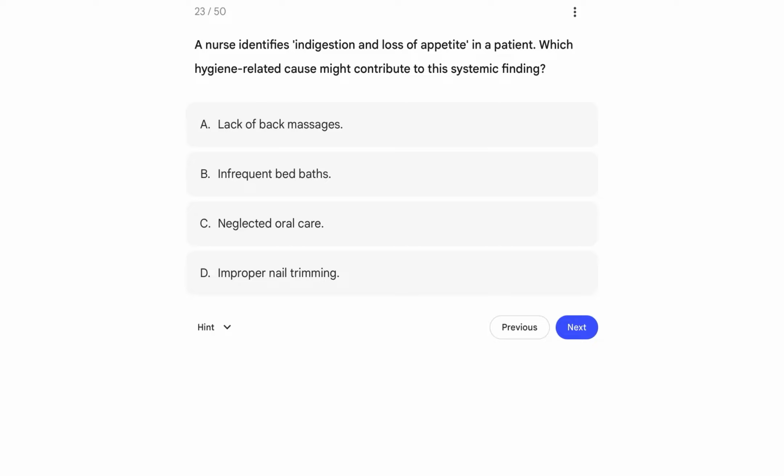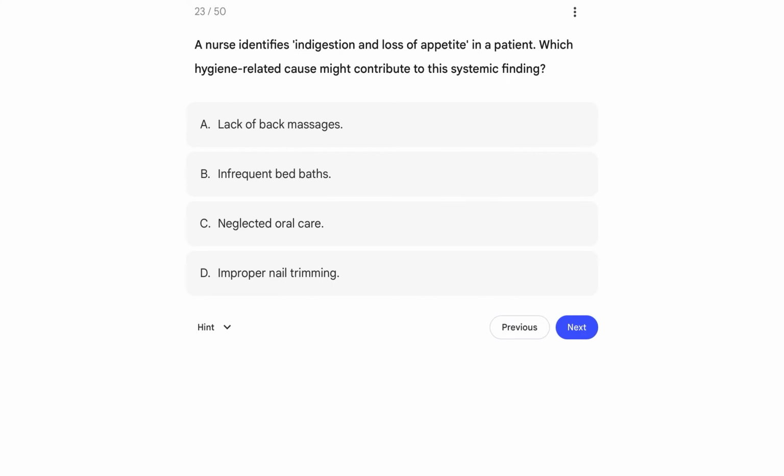You tell me. Is it lack of back massage, you have not done the back massage, and for that it is happening? Or is it infrequent bed baths, sometimes you do the bed bath for the patient and sometimes you forget? Or else does neglected oral care make the indigestion and loss of appetite?